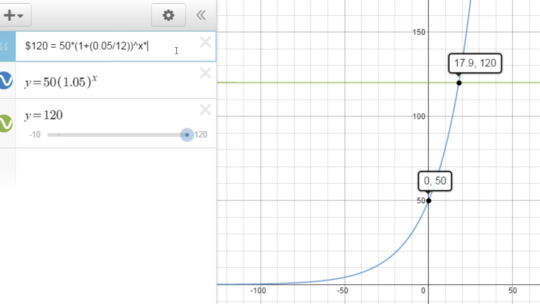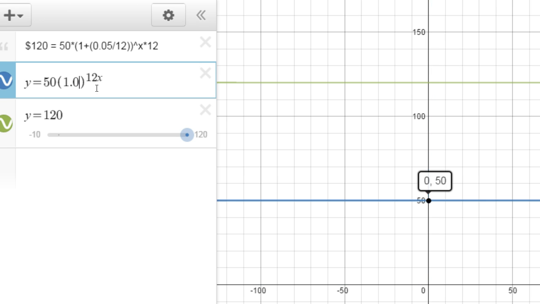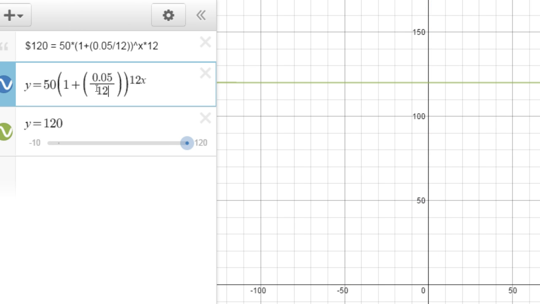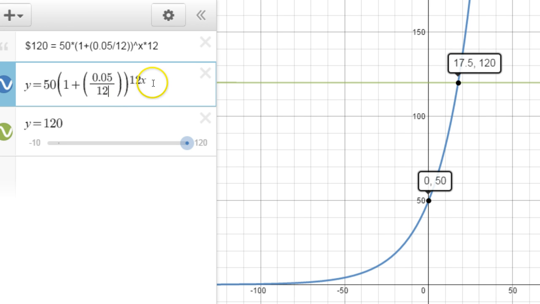And then you would also multiply the exponent by 12, so we put the 12x here. All right, we change this to 0.05 divided by 12. Okay, so we actually have this right here. All right, and you would see that it would be 17.95 years. So 17 and a half years. So it'd shave a couple months off of your time.